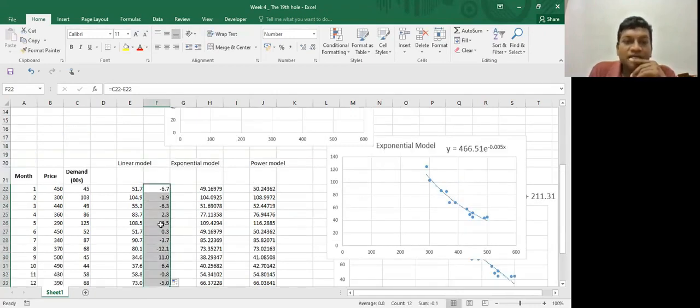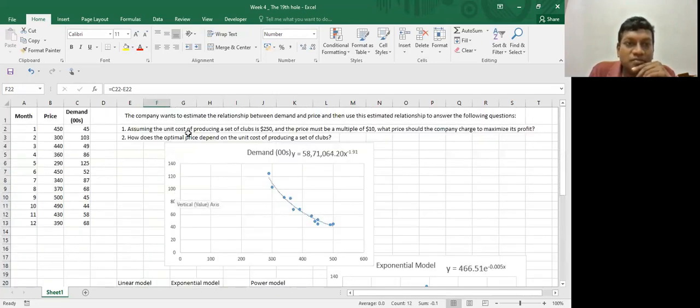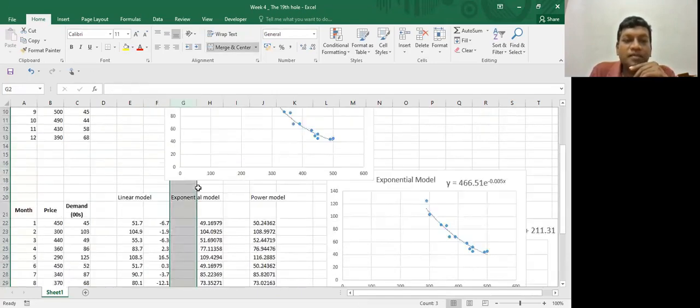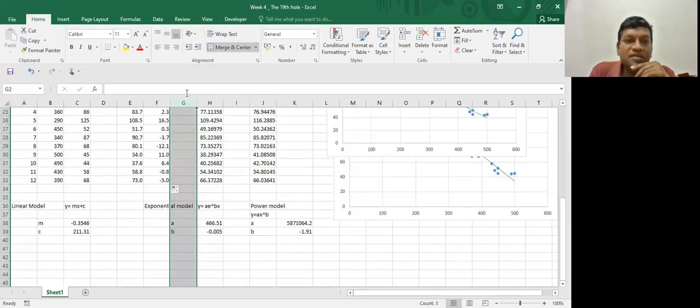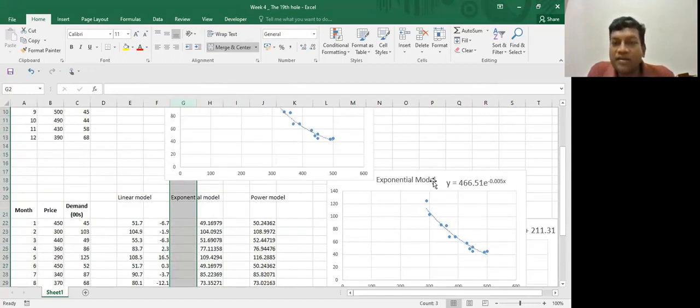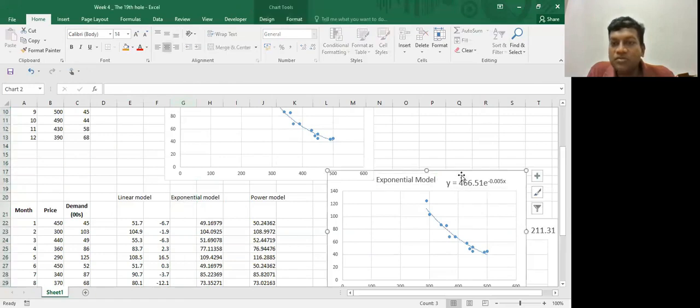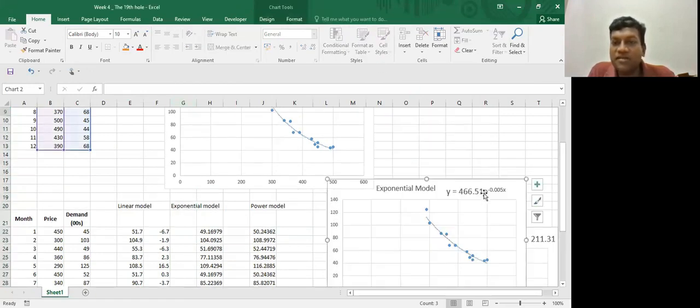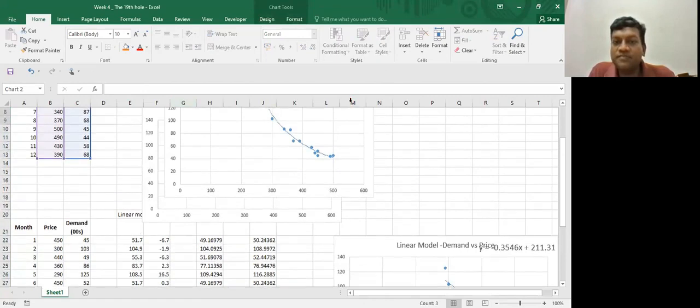Let me also create some space here, because I think we might need it. I'll rearrange this side. Let's remove the graphs, we don't require them anymore. These plots can be conveniently tucked away elsewhere.